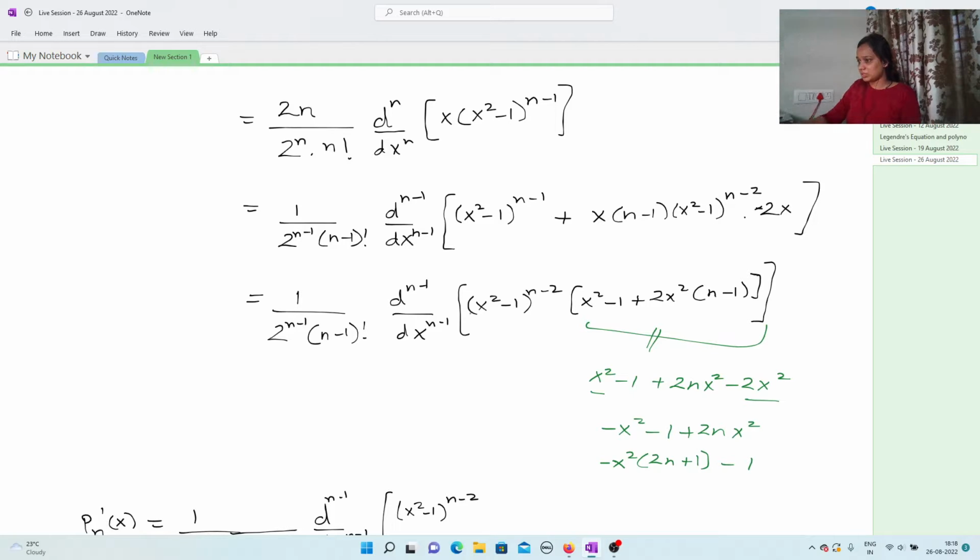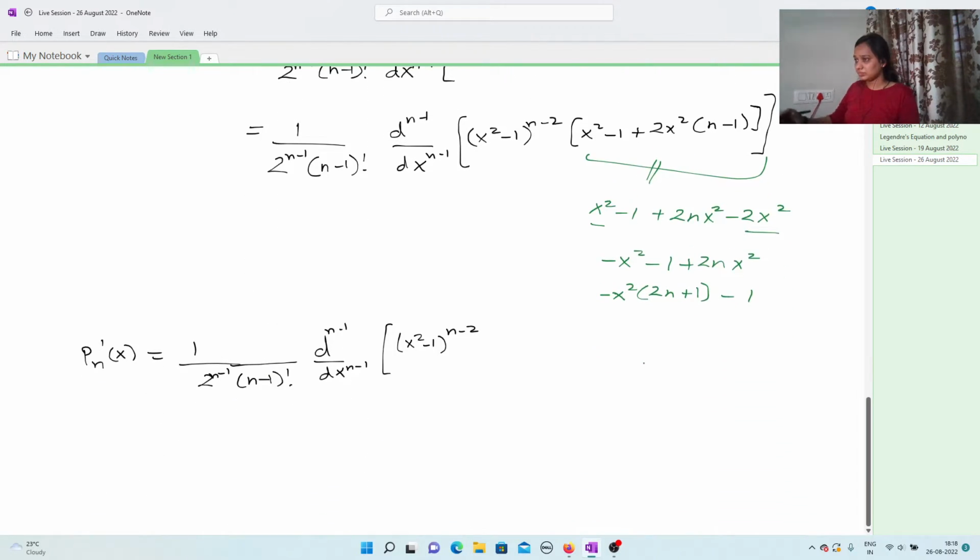Let's take x square as common. This is 2n x square minus 2x square, so 2 into minus x square minus 1 plus 2x square.